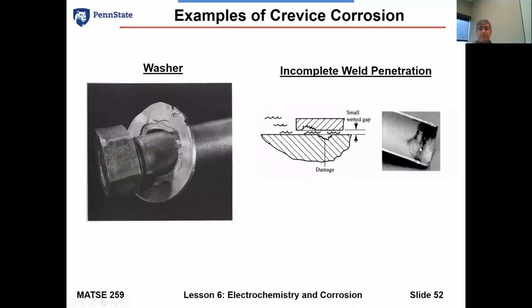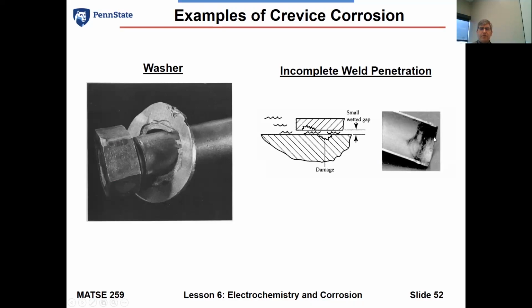I like this example primarily as a welder, but we do a lot of tube welding. There's far more tube welding, miles and miles of tube welding in any type of energy plant or chemical plant, or any place where you have fluid flowing through tubes and pipes. And so with this weld, if we don't control the penetration of that weld, what we can get is a very small area of that weld where we have a gap.